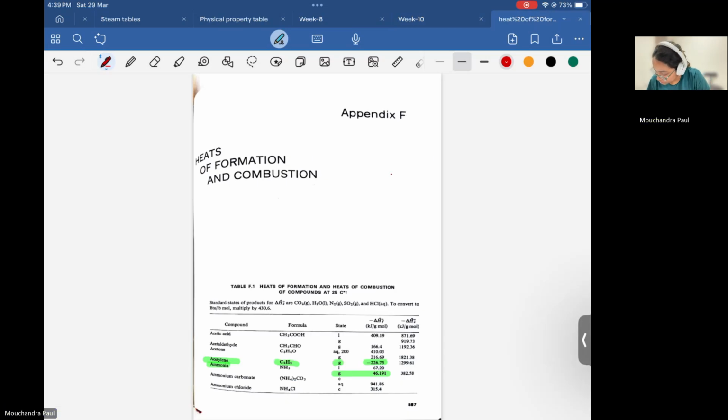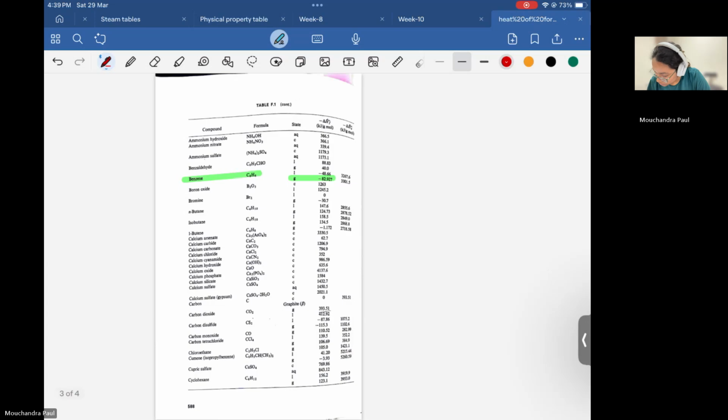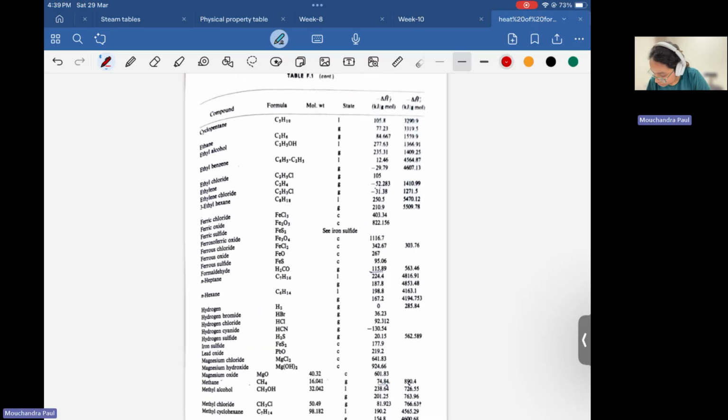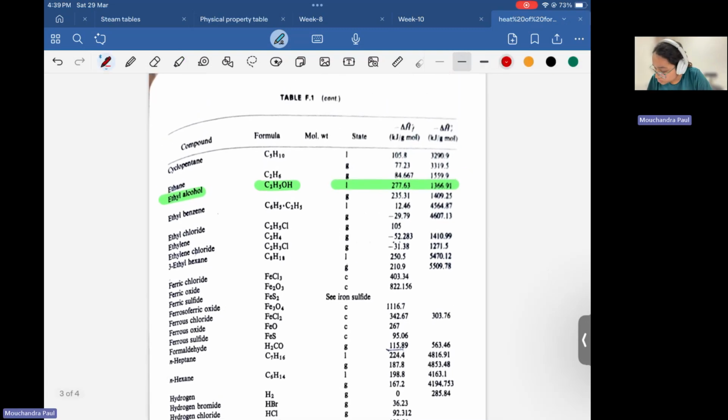So the first one is ethyl alcohol, C2H5OH, in liquid state. The heat of combustion is 1366.91. This column is heat of formation. This column is heat of combustion.